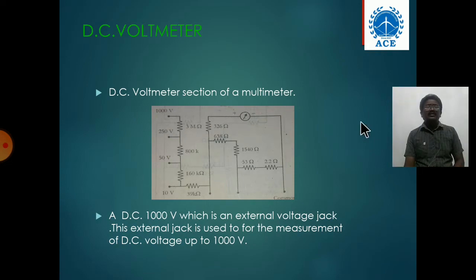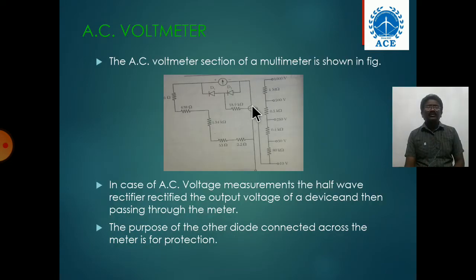So this is the AC voltmeter. Observe here, this has the AC voltage section, one meter, two diodes and a combination of some resistances. The AC voltmeter section is shown like this.